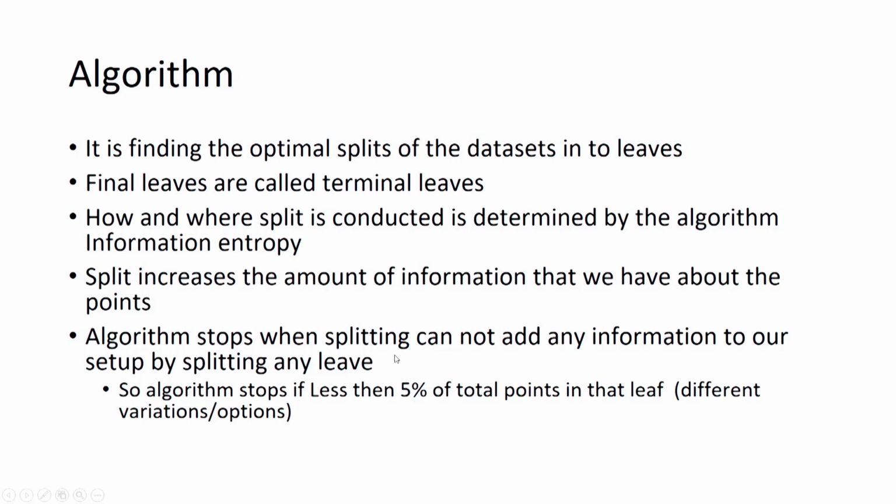There may be different termination criteria for stopping the algorithm. One of the stopping criteria may be if in one particular leaf node there is only 5% of the total data points, then we will not split that leaf node again.